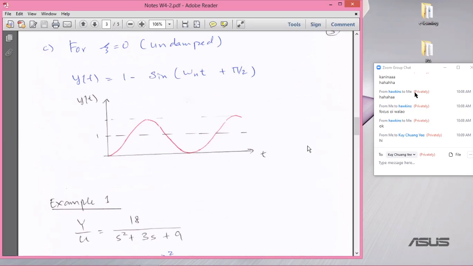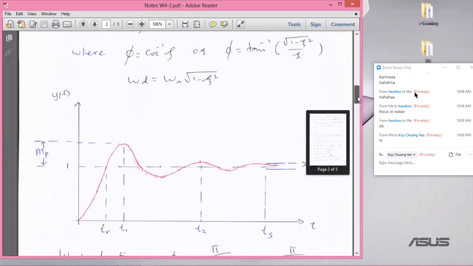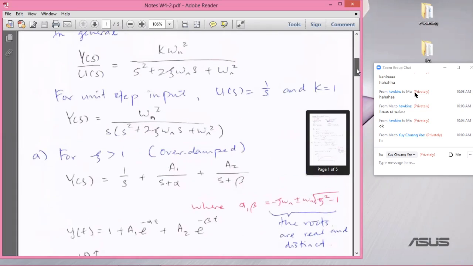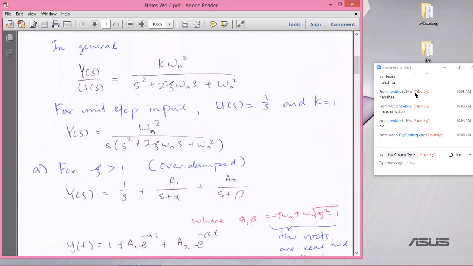The idea is once you know the gain k, the omega n, and the damping ratio, you already know how the system responds. All you need to know is the gain k, the damping ratio zeta, and the natural frequency omega n, and you already have the solution, because the solution just depends on these three quantities.